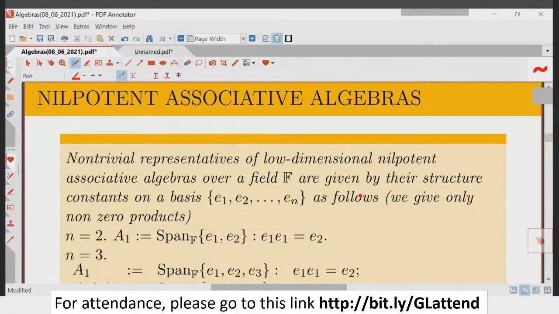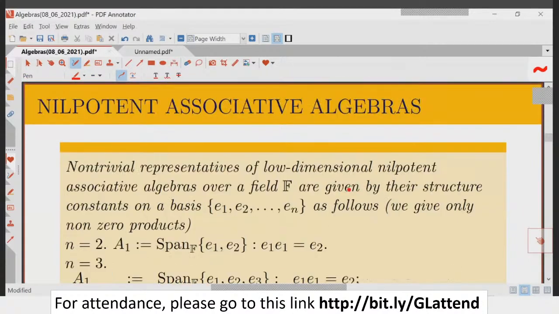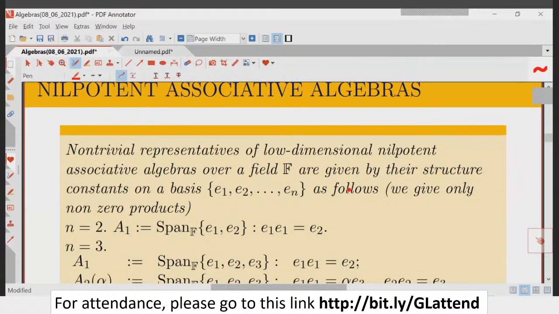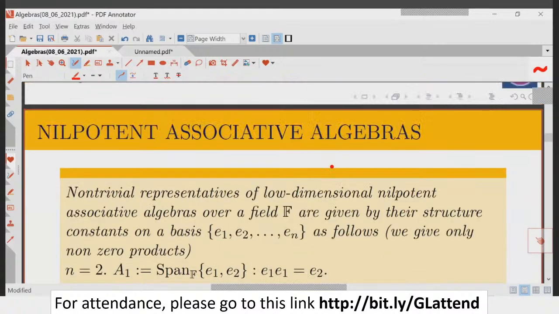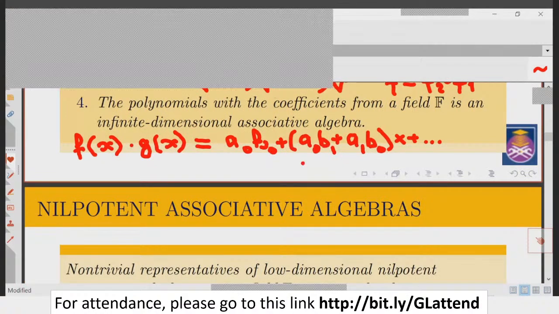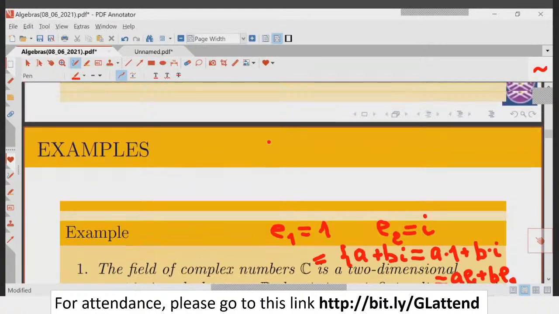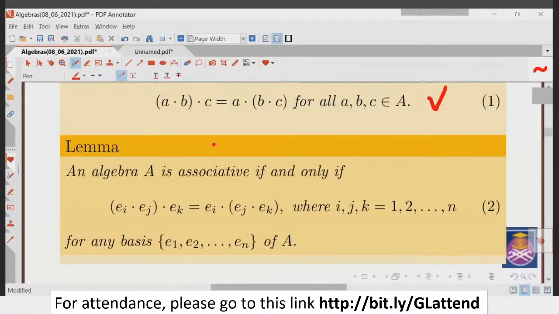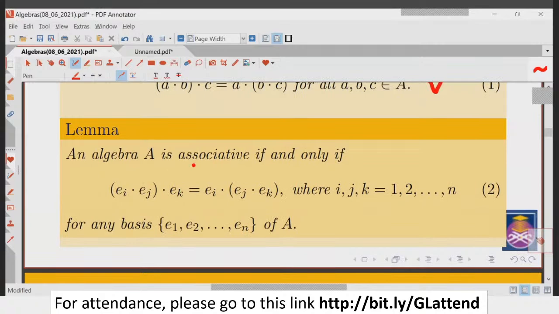Okay, now examples of some important associative algebras. By the way, let me go back to this point. We have the associativity condition here. We can go to the basis level and define an associative algebra as follows.